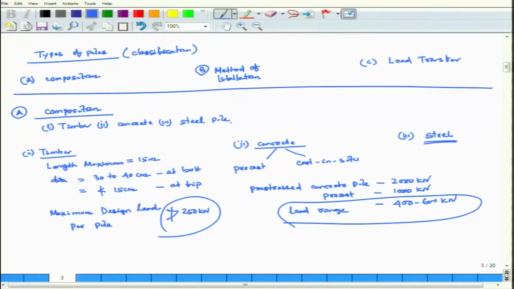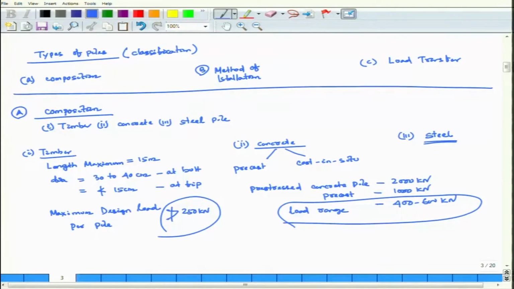Each has limitations as well as advantages. So, you will decide depending upon the availability of the materials. Timber piles' greatest limitation is the maximum load it can take, up to 250 kilonewton; beyond that it is not advisable. Maximum length you can go up to 15 meter.